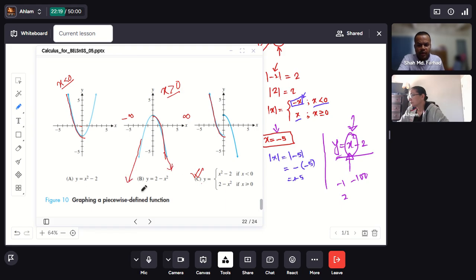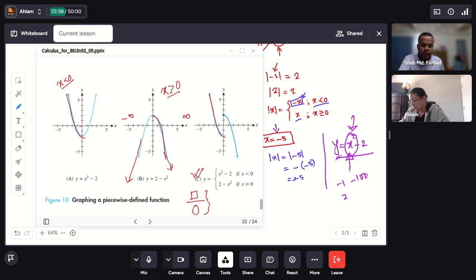Also remember that all polynomial functions have the domain negative infinity to positive infinity, since there is no denominator and no square root. If we have a rational function that has a denominator, the denominator can't be 0, right?